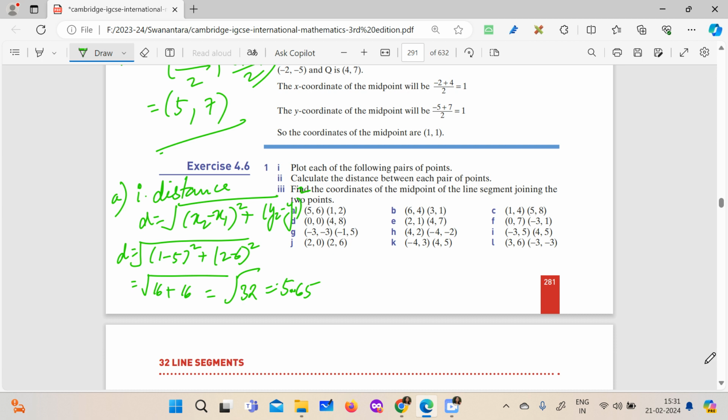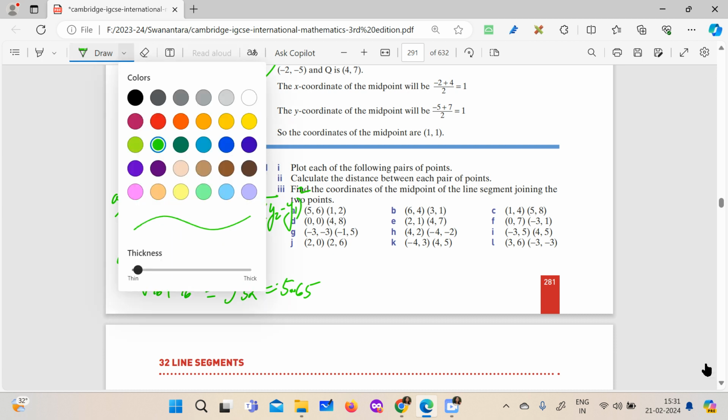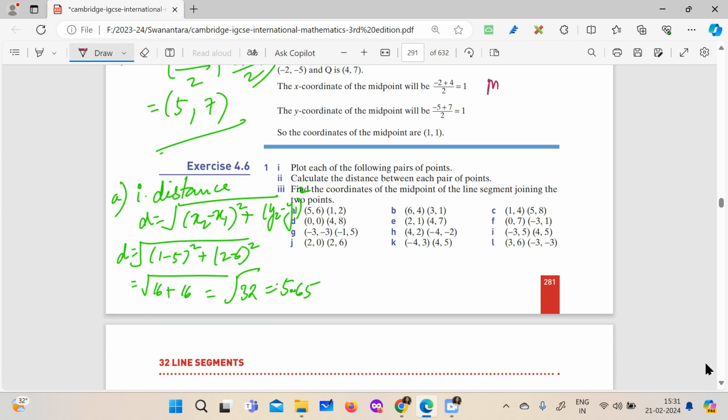Yes, Miss. Now the next part of the question is to find the coordinates of the midpoint of the line segment. If you remember the formula for the midpoint, it is x1 plus x2 over 2 and y1 plus y2 over 2.